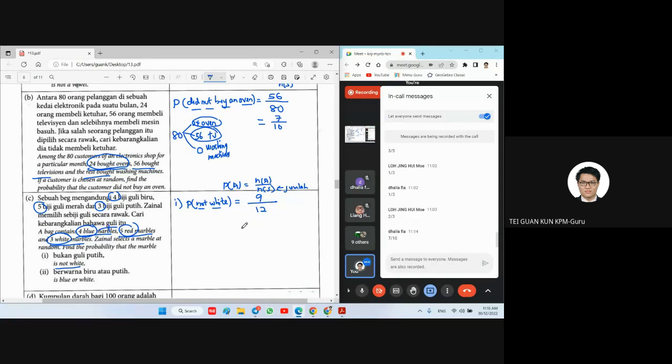So, 9/12 kecilkan berapa? 3/4 lah. Okay, so this is the probability of choosing marbles which is not white color. Okay. Second, probability of blue or white.